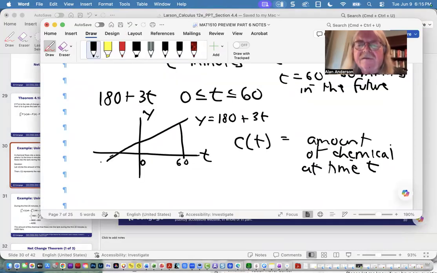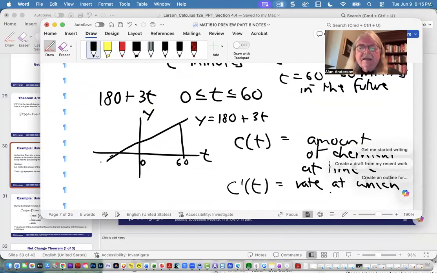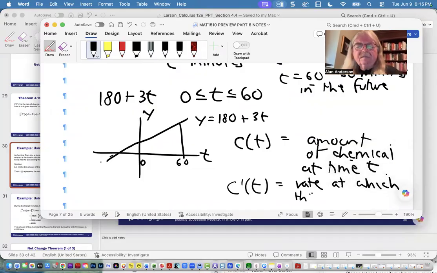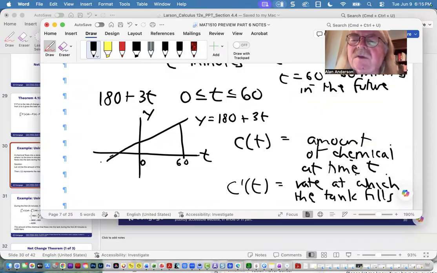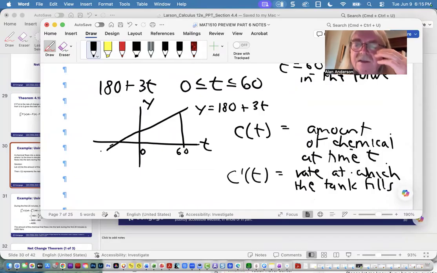But the derivative is the rate at which the tank fills. It's kind of like we did a couple of examples where we had the motion of a particle, and the first derivative was the velocity. So it's kind of the same thing. This represents the rate of change at which the volume of the chemical is changing in the tank.